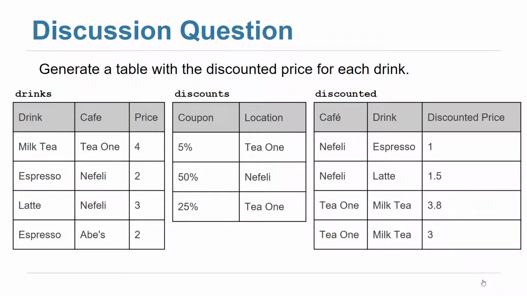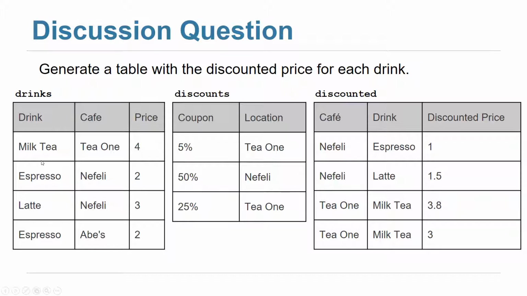Now, given the example that we discussed last time, when we had the drinks and the discounts, we want to generate that table. In that table, we have each drink and the cafe that offers that drink, and we also want to compute the discounted price. Remember that we have two tables.